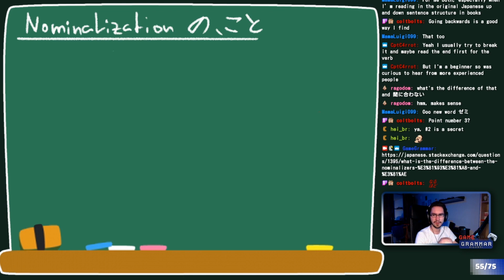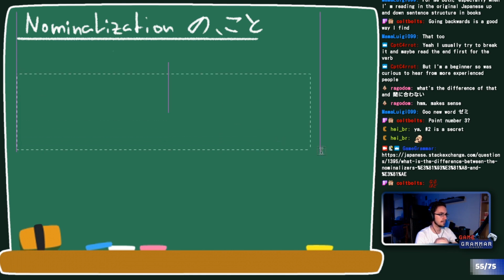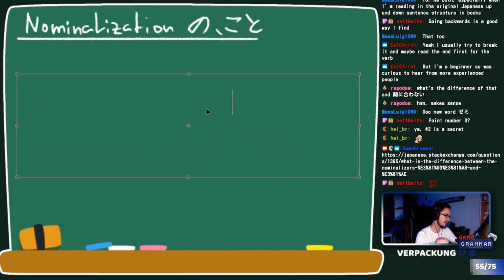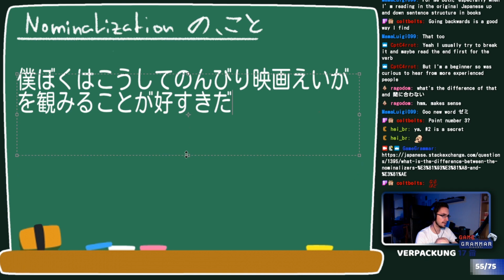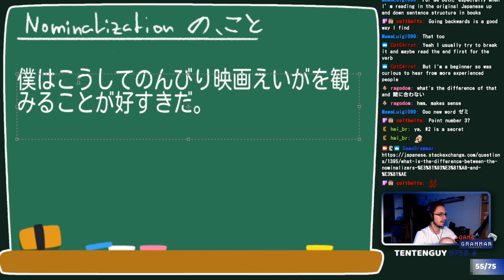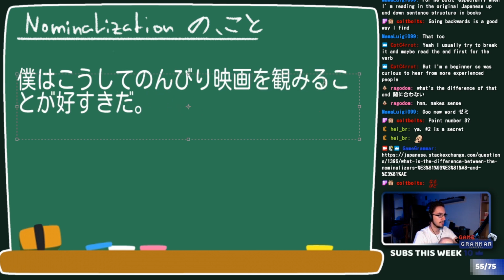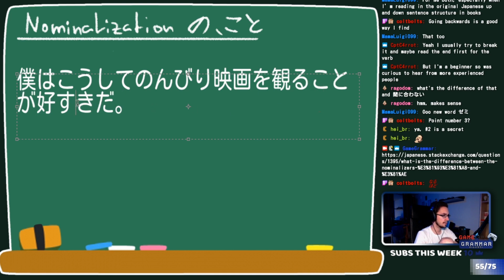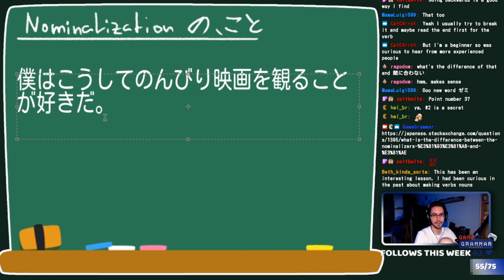There's really not much of a difference in that sentence. Let's copy it real quick so that we can look at it. We can say there's this kind of nuance and that kind of nuance, but at the end of the day these are very, very similar, whether we use 僕はこうしてのんびり映画を見ることが好きだ.